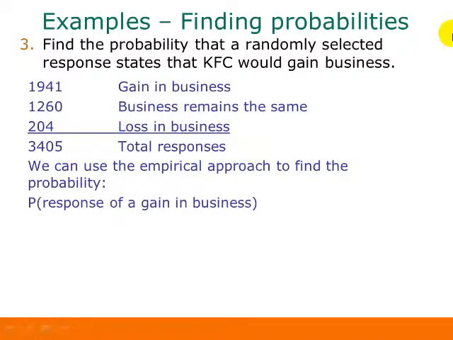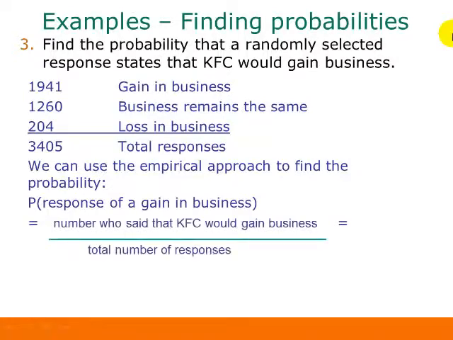So the probability that a randomly selected response says the business will gain would be the number of responses that said there would be a gain in business out of the total number of responses. So that would be 1,941 divided by 3,405, which is 0.570.